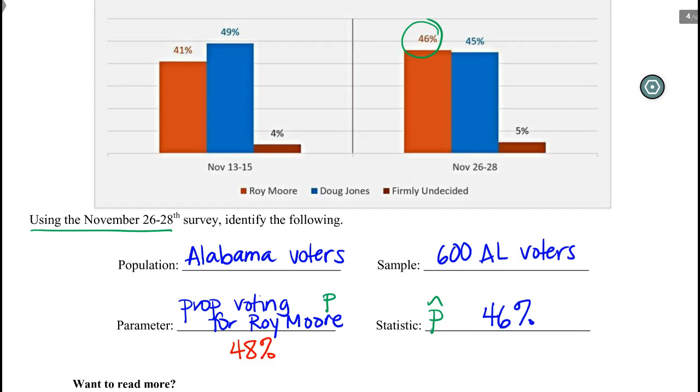Margin of error means that we think it's 46% plus or minus 4%. It's a little more complicated, especially with this 5% undecided in there, but this is the idea of where we're headed. We're going to start using our sample data, this 46%, to get a measurement of what's really going to happen in the long run. Can we make a conclusion about what all Alabama voters are going to do?